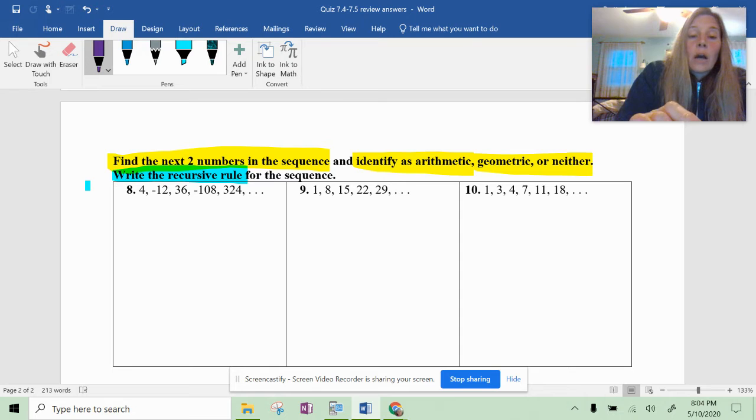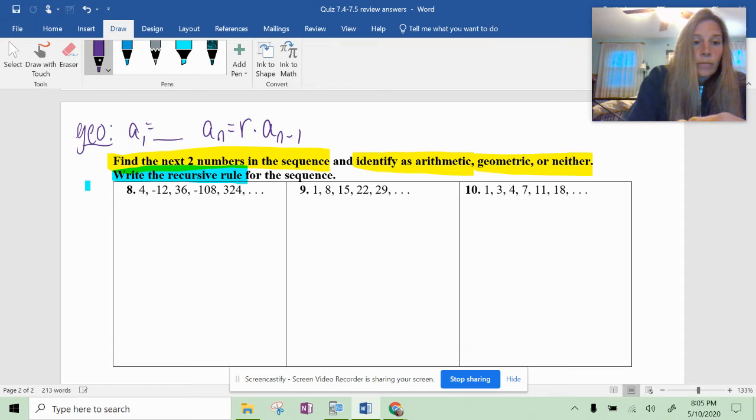So if we were doing the recursive rules here, let me write those formulas down for you. So if you're going to do, let's say, geometric. Okay, now recursive rules, you need to provide that a sub 1 and then you would have a sub n equals r times a sub n minus 1. So that's what you would be doing for geometric.